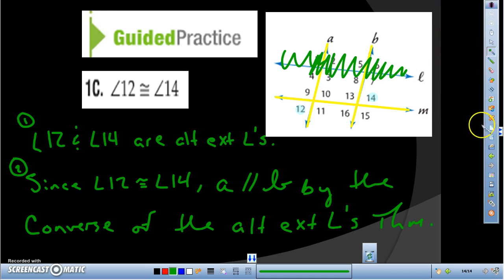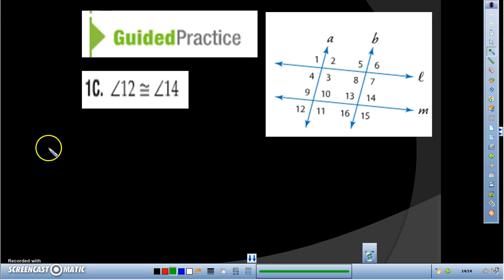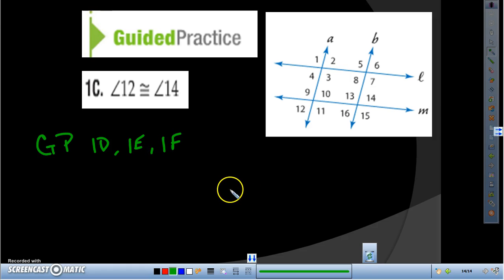Take a minute, pause the video, and do guided practice 1D, 1E, and 1F in the same format that we just did 1A, 1B, and 1C. This is the figure that goes along with that, and it is in your book. Go ahead and pause and do these guided practice examples in your notes, and we'll talk about those together on Monday.